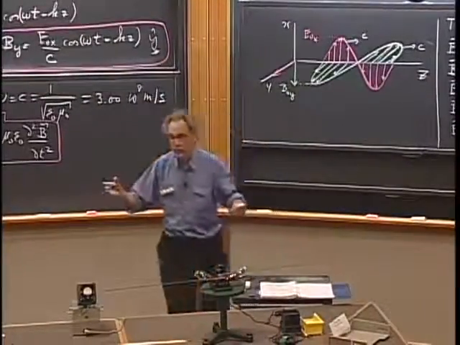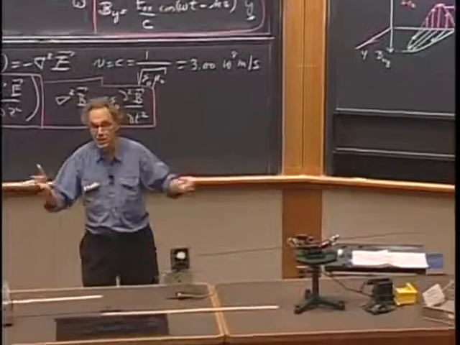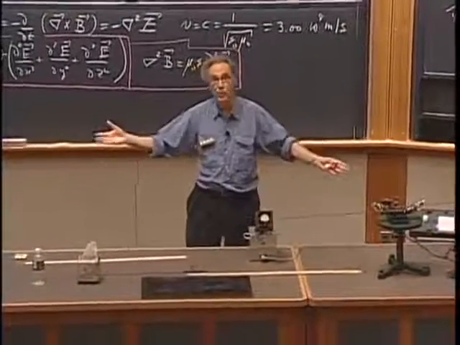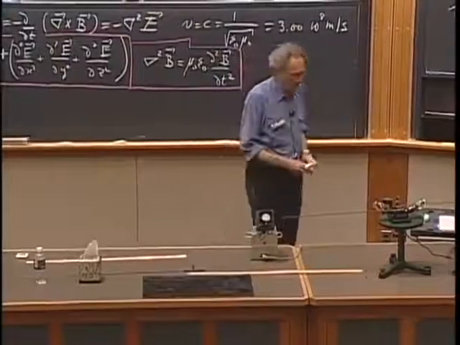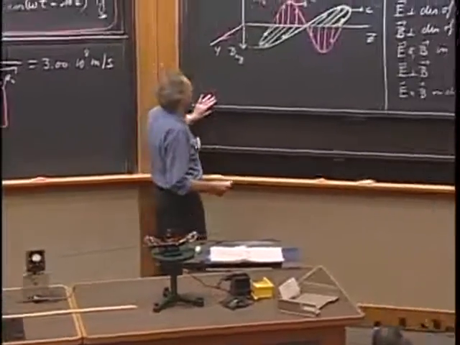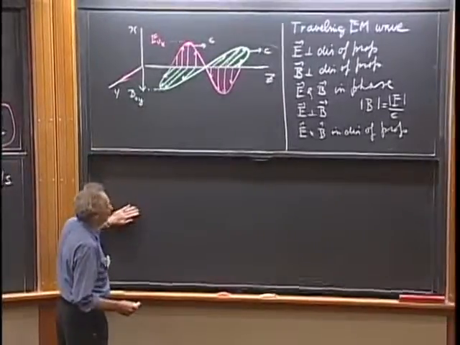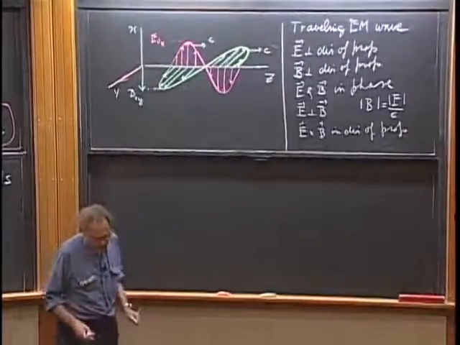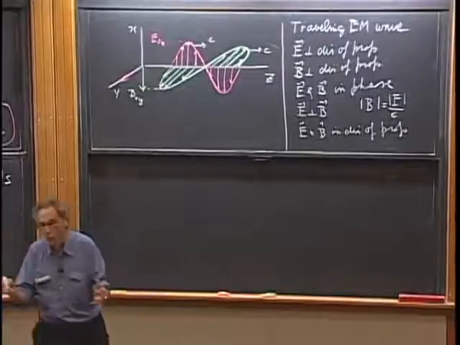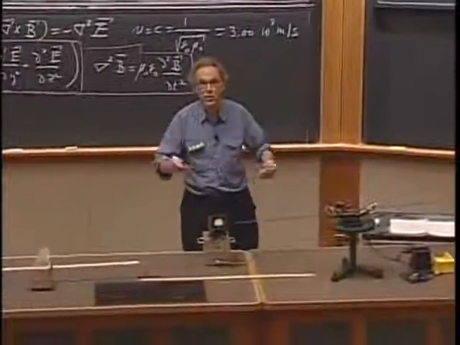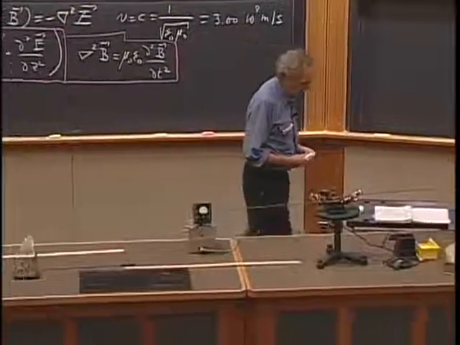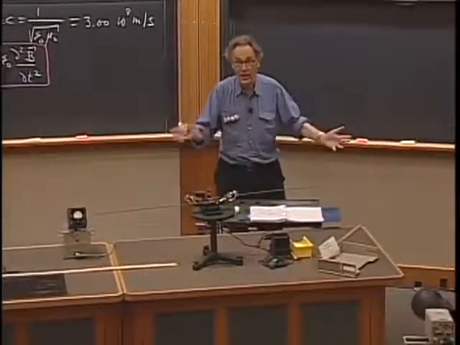And so the sum of the two, or any linear combination of the two, should also be a solution to our wave equation. So therefore, I can now write a somewhat more complicated form for a traveling wave, in which I give it both a component in the x direction as well as a component in the y direction, and I can even change the phase between the two.